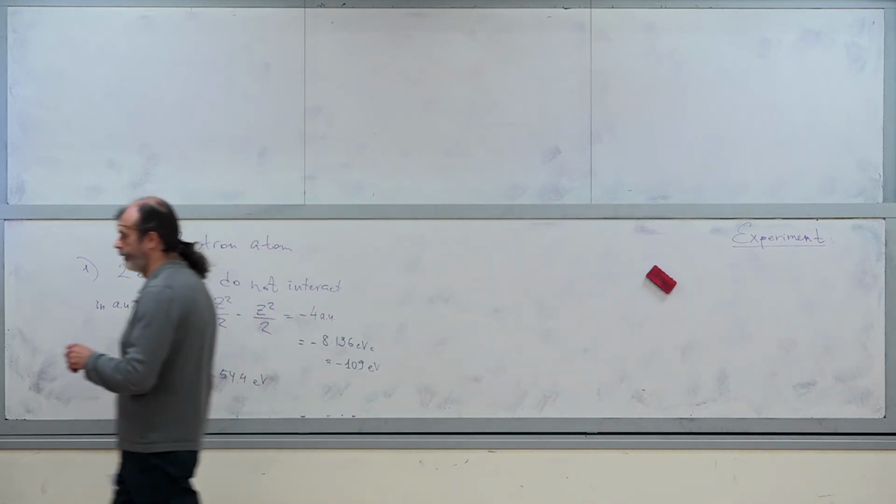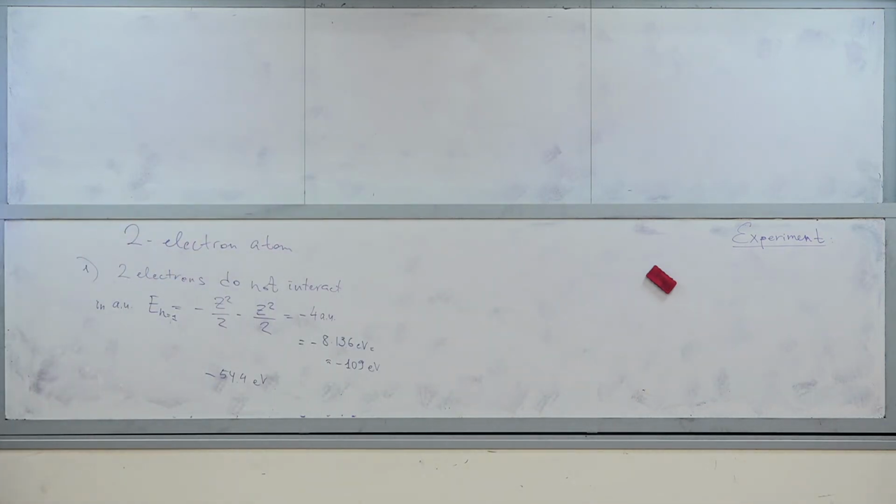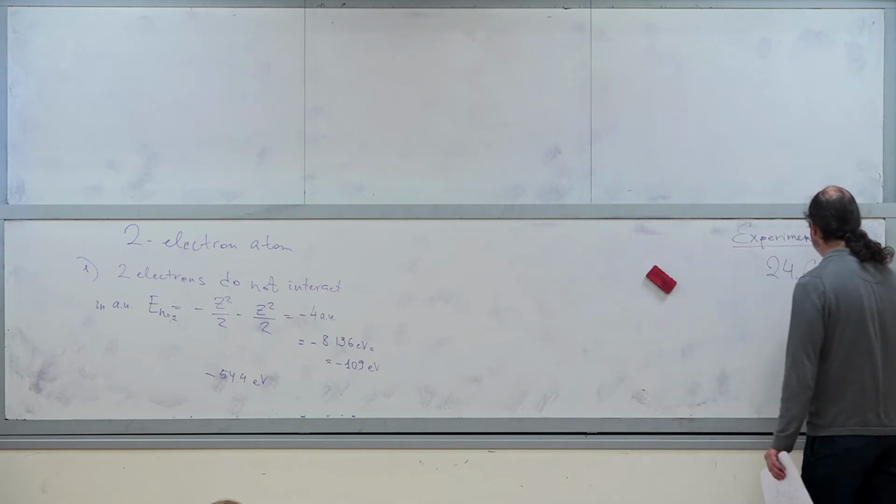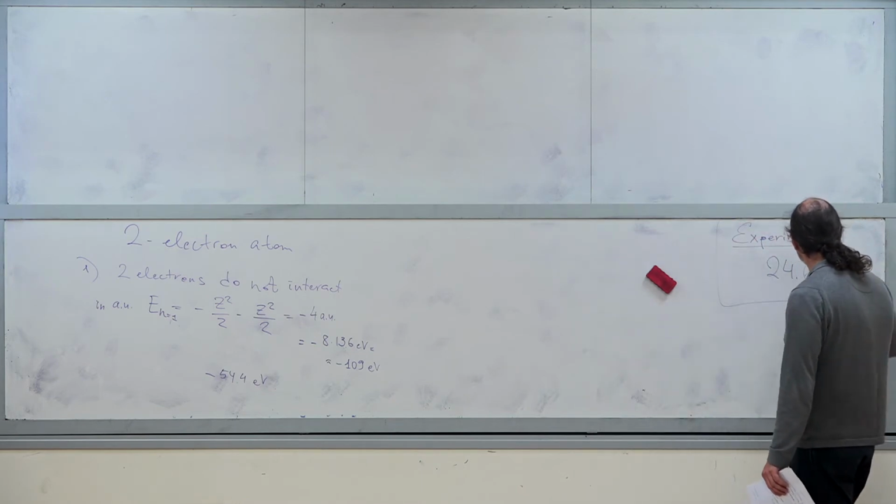Just a second. Let me check. Okay, right, that's right. So the experimental value is 24.6 electron volt.